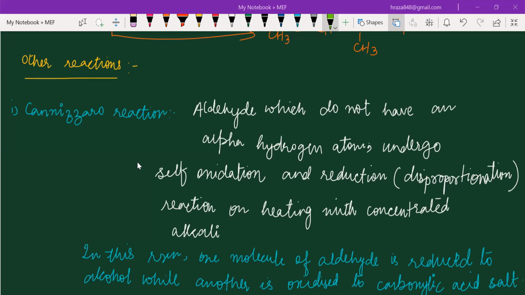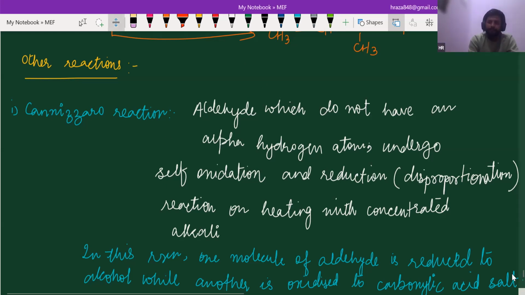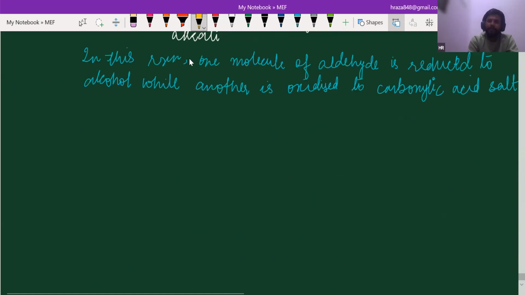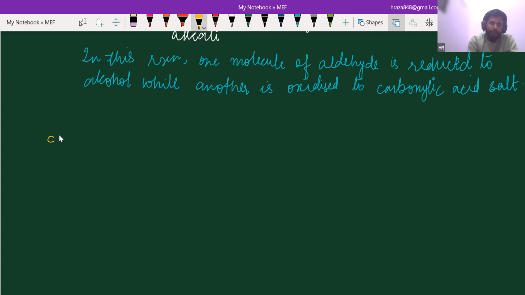Let me know when you're done with this. Yes, I'm done. Very good. Now see, it's very easy. First of all, you need to check whether an alpha hydrogen is there or not. So if I'm going to ask, can you tell me whether an alpha hydrogen is present or not?